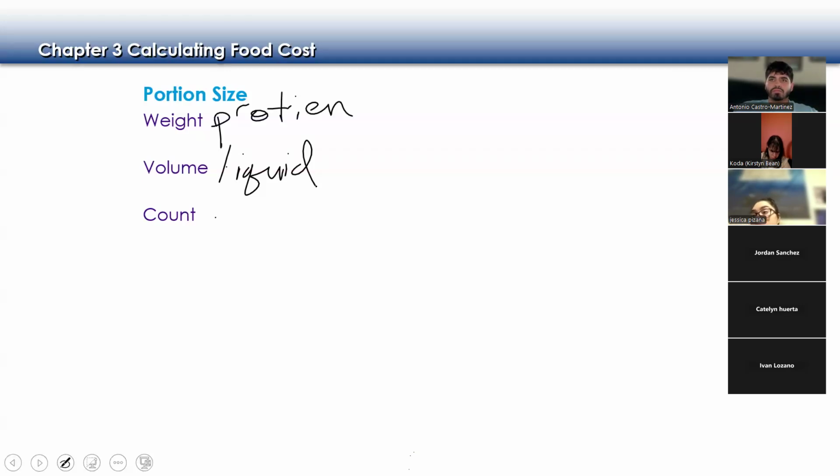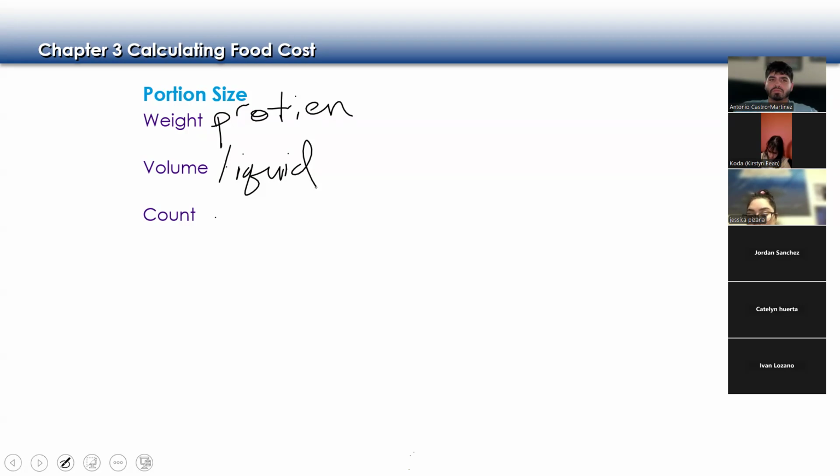That's a liquid, that's a volume measurement. Soup. Good. Absolutely. Chicken broth. So soup, we are going to be doing a volume measurement. Typically, a cup of soup is about 6 ounces of soup. A bowl of soup is usually 8 ounces.